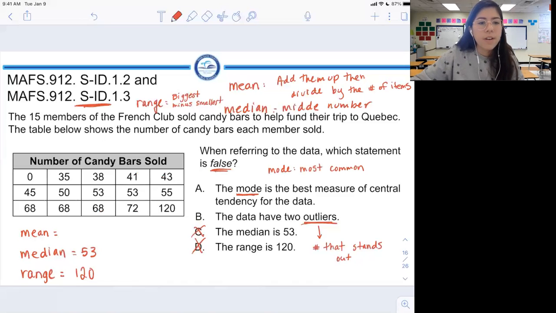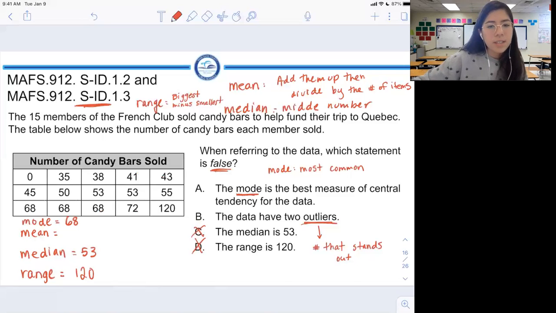Are there any values that repeat? 68, 68, 68, 53 and 53. But which one is the most common? 68. That's my mode. My mode is 68. Is that going to be the best measure of central tendency?